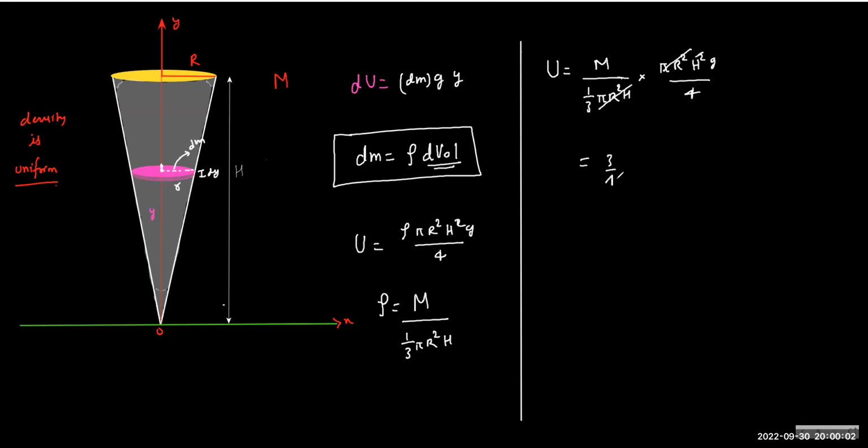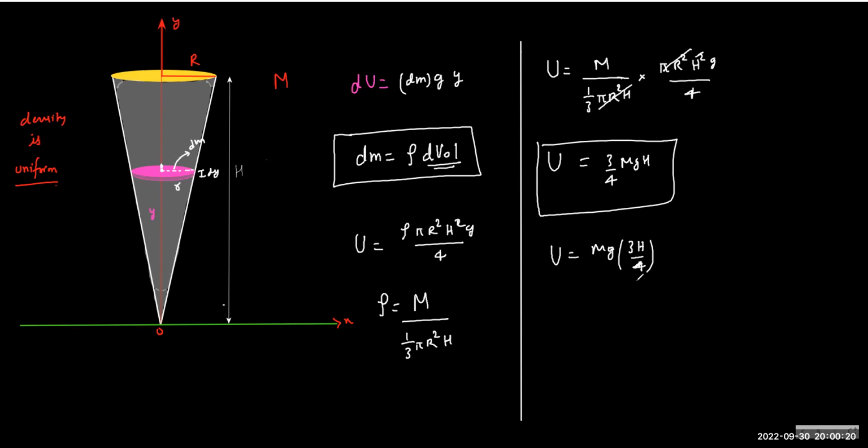So I can get the answer 3 by 4 mgh. I will read that as 3h by 4 times mg, and that is the answer.